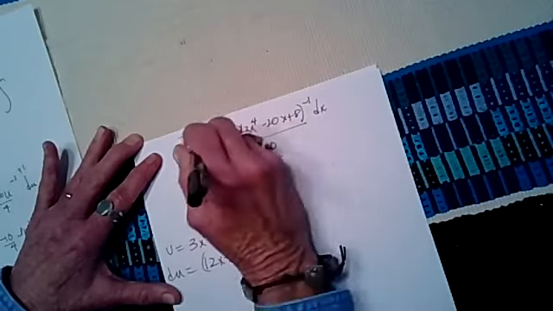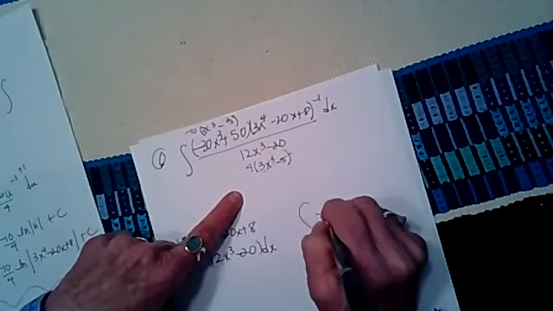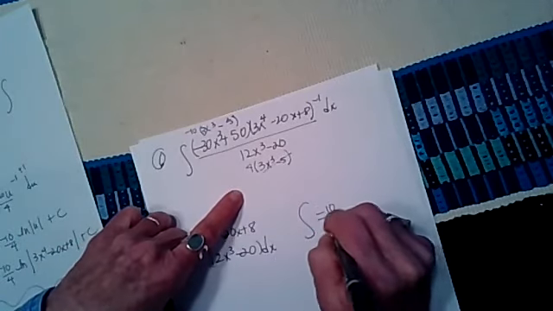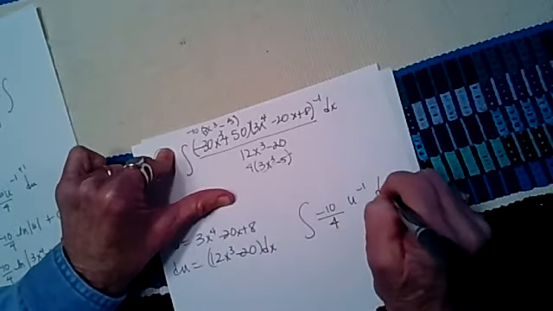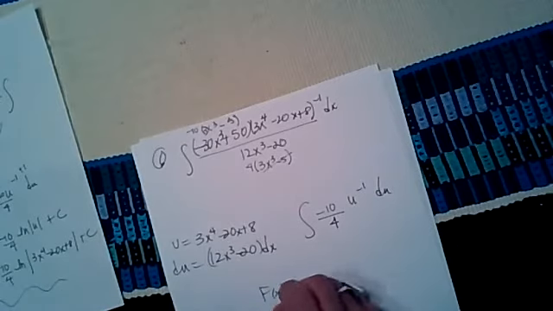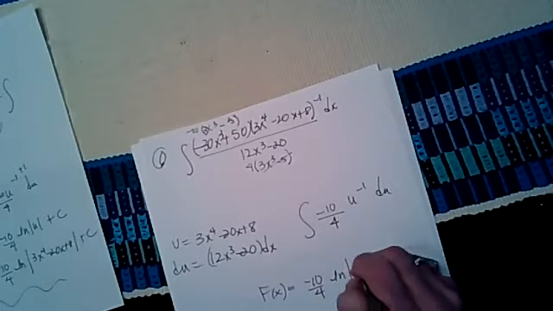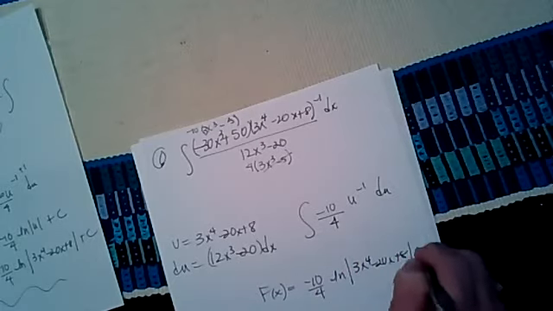And then they cancel, and you can see better where you have your -10 on the top and your 4 on the bottom and your u to the -1. However you want to do it. Okay, but the answer is still -10 fourths ln of 3x to the 4th minus 20x plus 8 plus c.